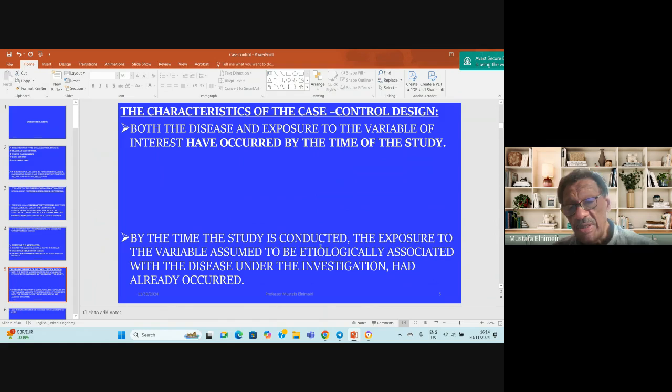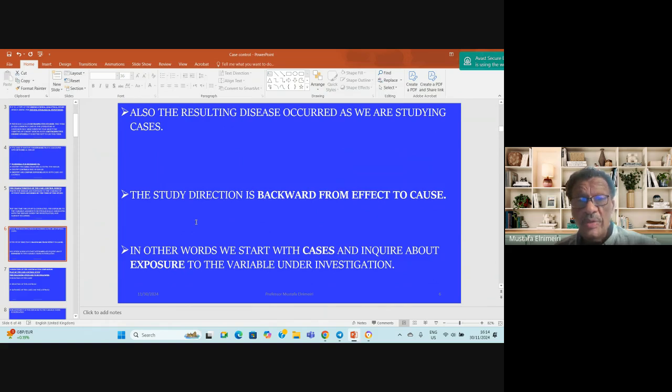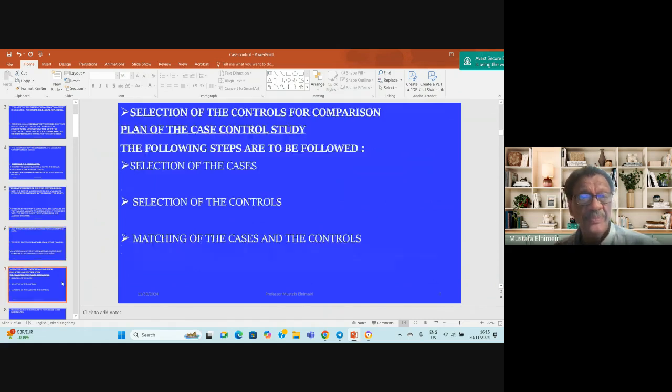The exposure assumed to be etiologically associated with the disease under investigation had already occurred. Also, the resulting disease occurred as we are studying cases, and the study direction is thus backward from effect to cause. In other words, we start with the cases and inquire about exposure to the variable suspected to be etiologically associated with the disease.